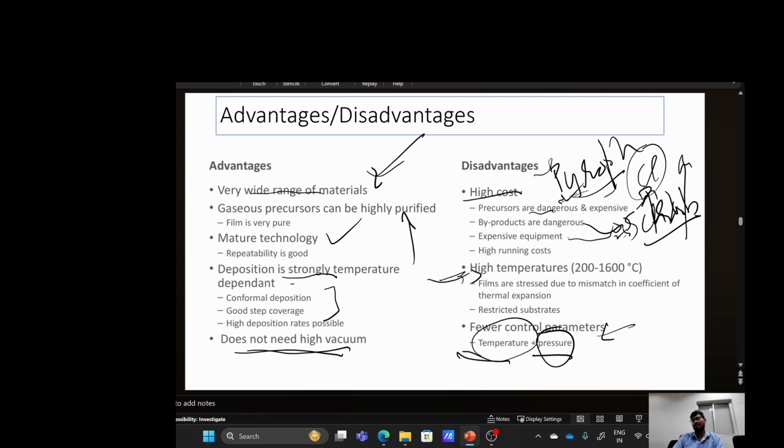Another is plasma enhanced CVD, in which one more term gets added, that is plasma. You can improve the film quality in that one. So there is very little control over the film. That is what I want to say.